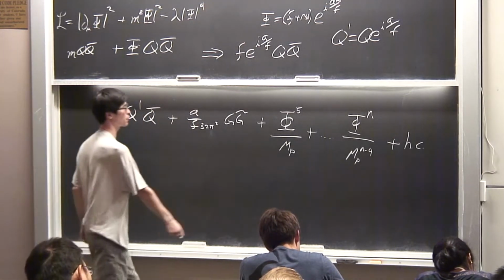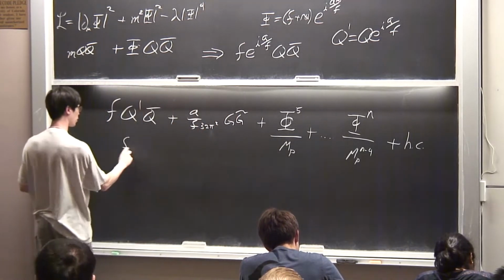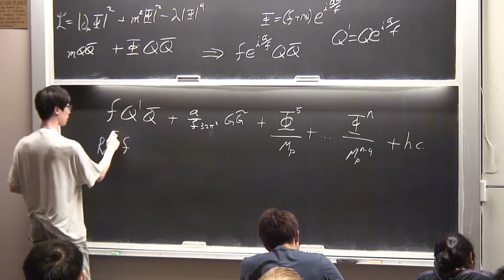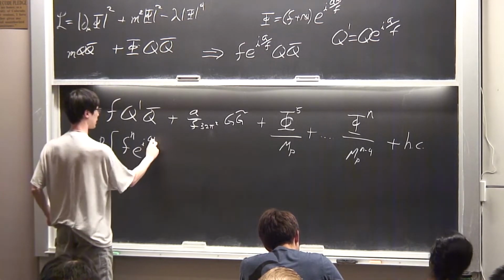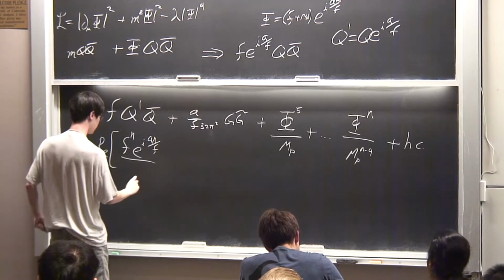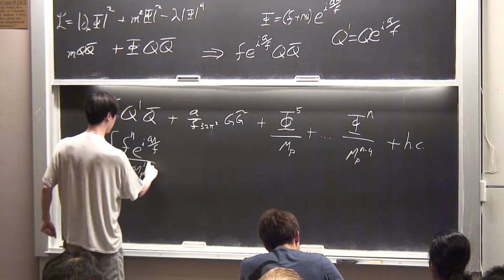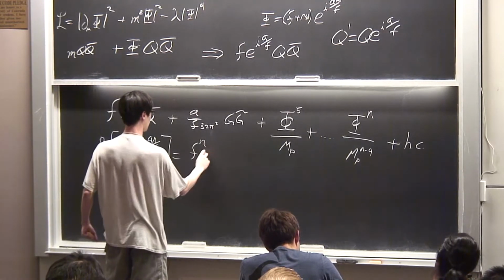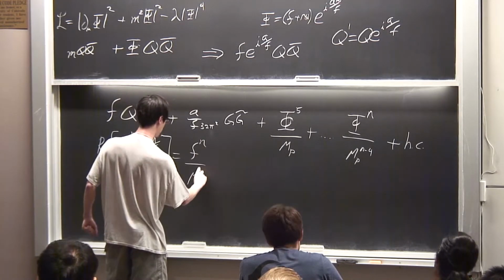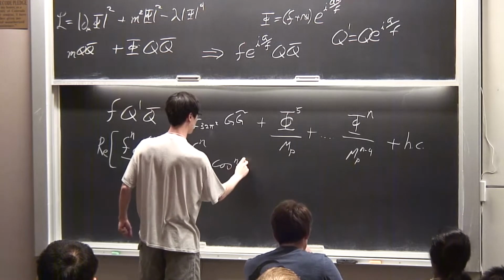So if you take an arbitrary term here, what you get is the real part of f^n e^(ina/f) over M-Planck^(n-4). And so this is a coefficient f^n over M-Planck^(n-4) times cosine(n a/f).